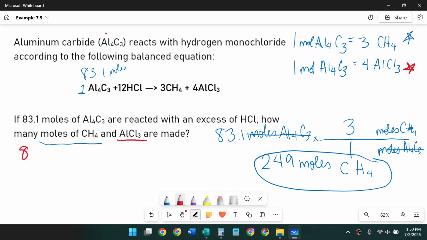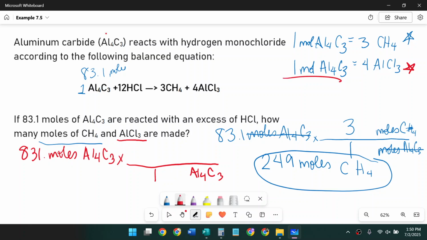So again, we're going to start with the same 83.1 moles of Al4C3 that we know about, and we're going to use a conversion relationship because we know that for every 1 mole of Al4C3, we have 4 moles of AlCl3, because that's what this conversion relationship tells us.